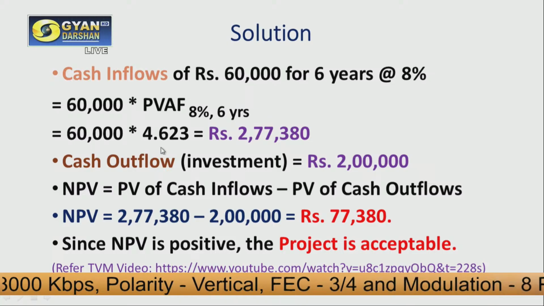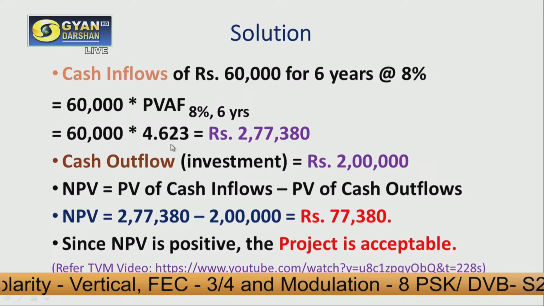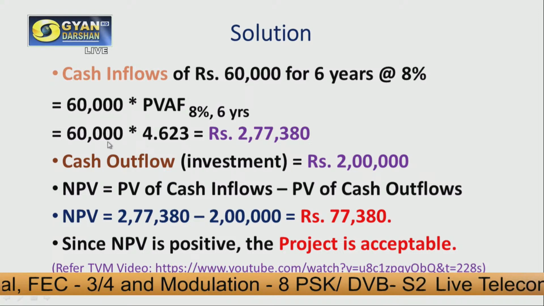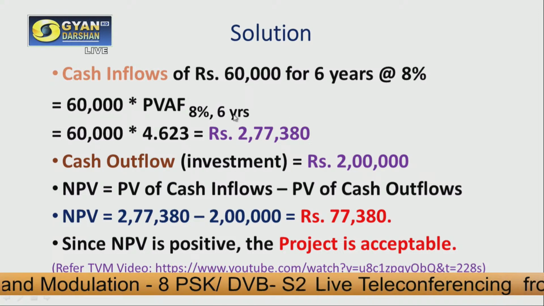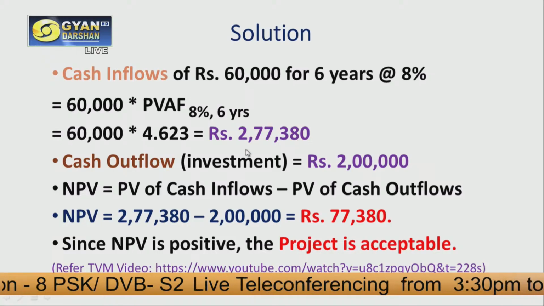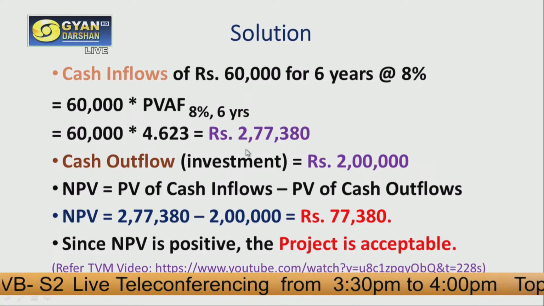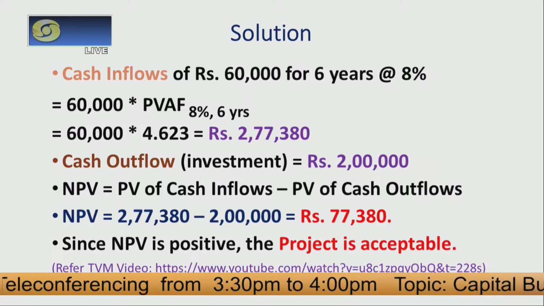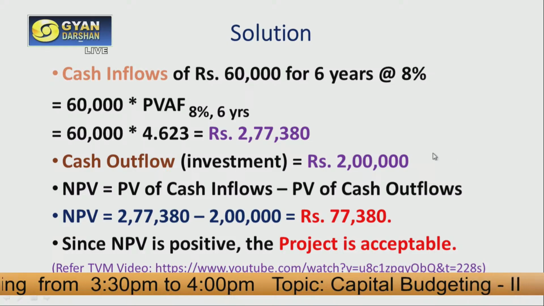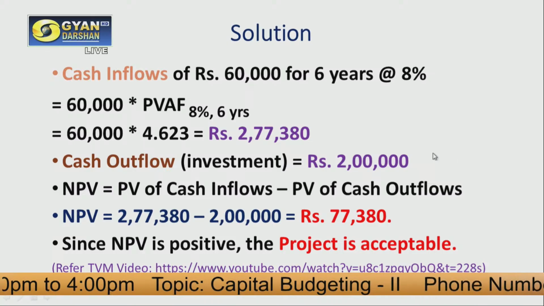The value that we got from the table is 4.623, and this needs to be multiplied by 60,000, and this way we get the present value of cash inflow, that is 2,77,380 rupees.